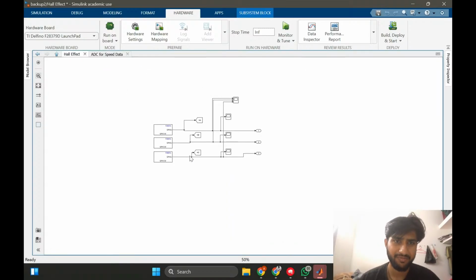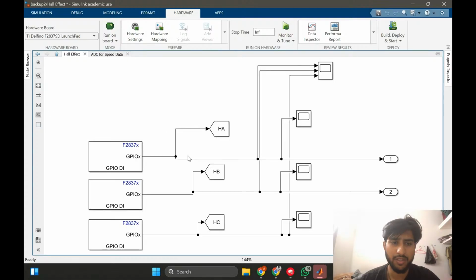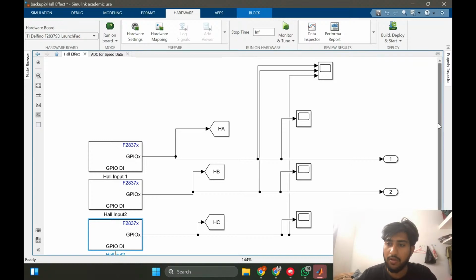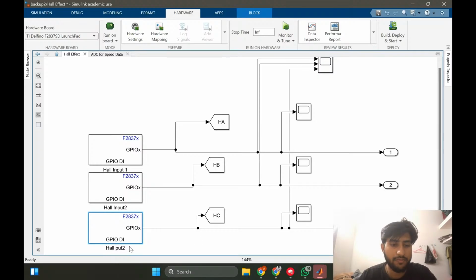I'll start with the Hall effect. This block does the very thing it says, which is taking three digital inputs, which are the three Hall inputs: Hall input one, Hall input two, and Hall input three.